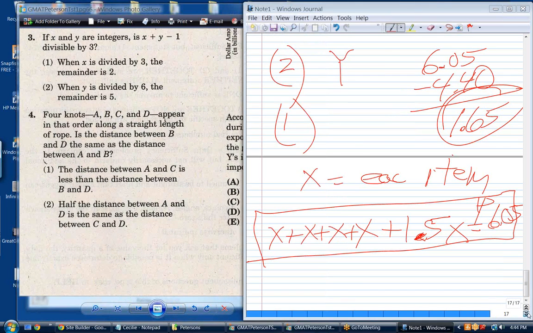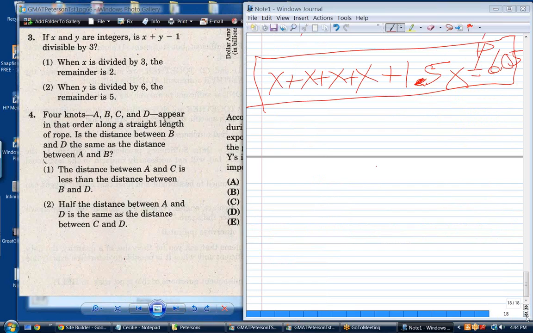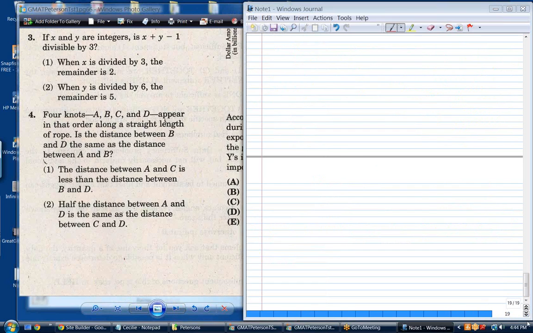Number 3. If x and y are integers, is x plus y minus 1 divisible by 3? When x is divided by 3, the remainder is 2.